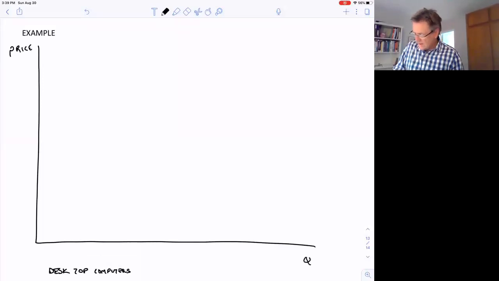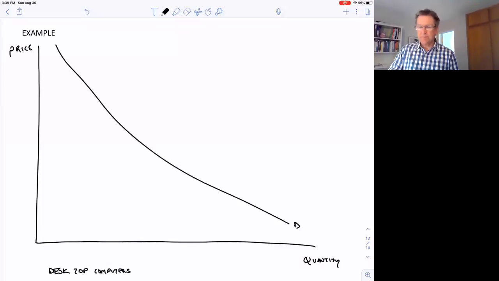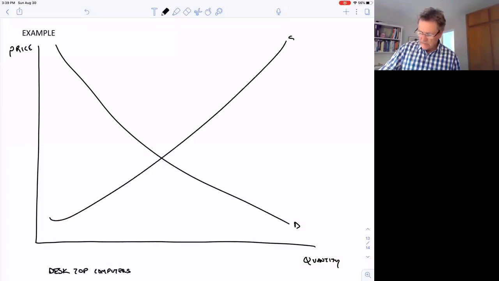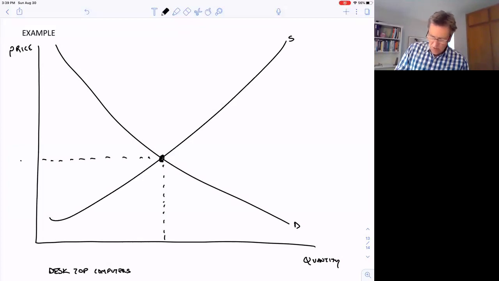We'll put quantity of desktop computers on the horizontal axis. We've got a downward sloping demand curve. We've got an upward sloping supply curve because of the law of supply. We have an equilibrium right here where the two curves cross, and we'll call that P star and Q star.